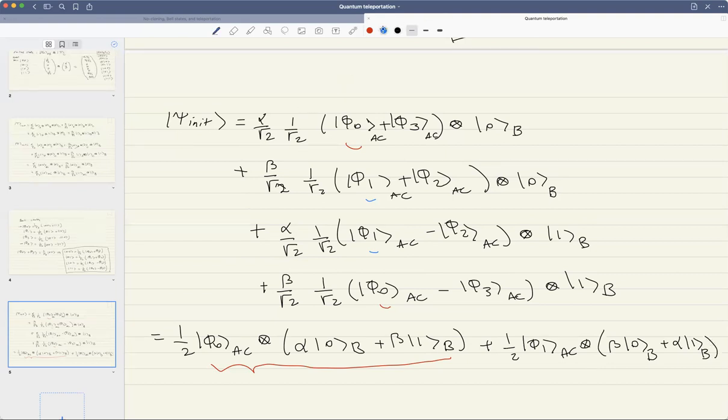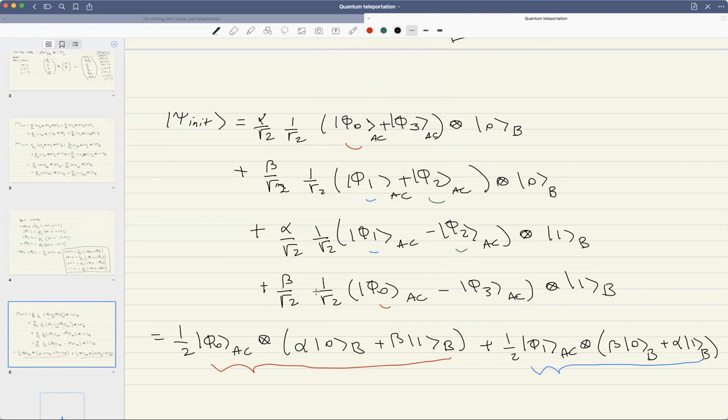So this came from these 2 terms. Then I can do phi 2 again. Similarly, it only appears here and here.